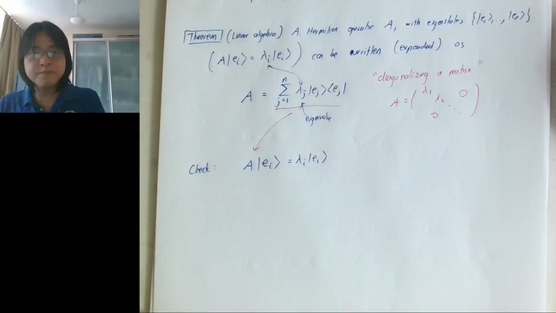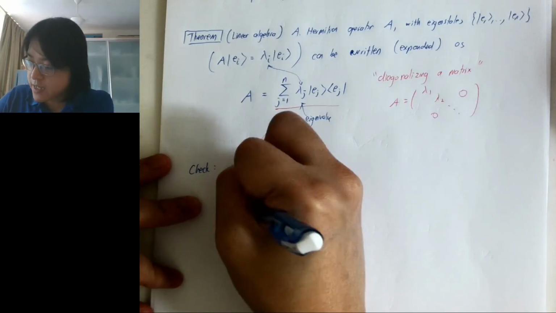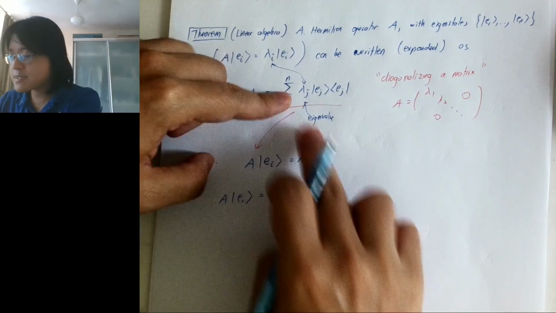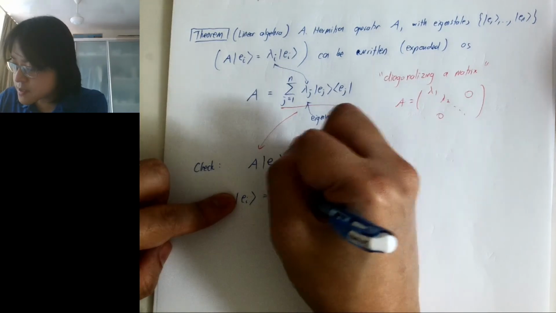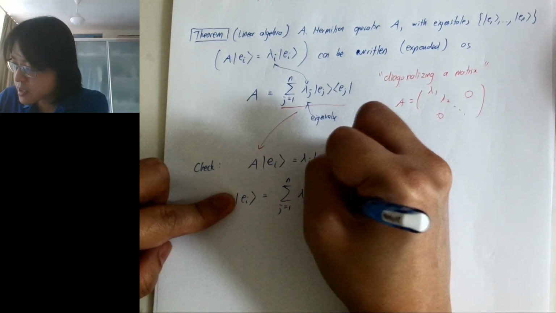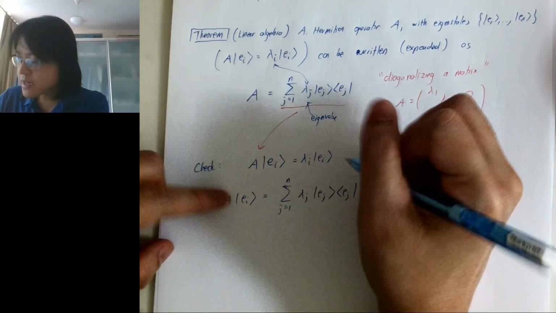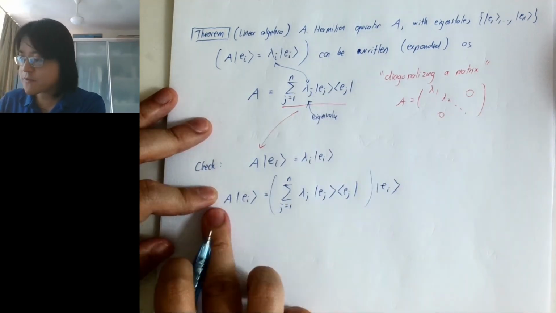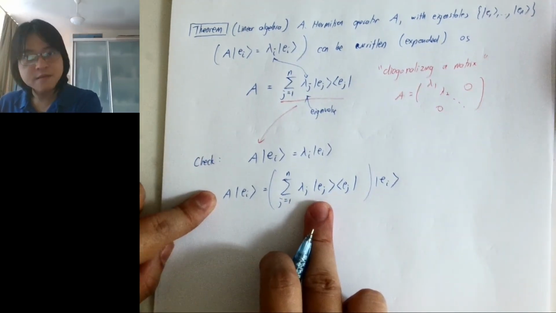Let's see what happens. So A Ei, let's go from the left hand side to the right hand side. Let's put this inside: the summation from 1 to n of lambda j Ej Ej, and then this operates on Ei.